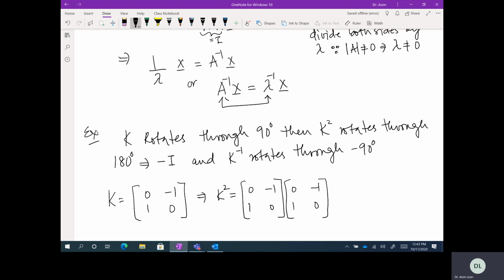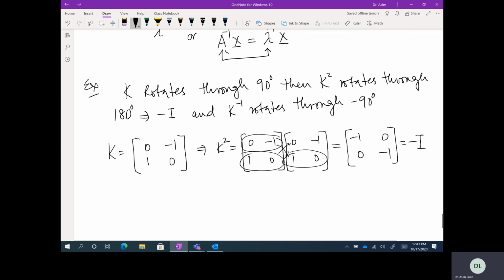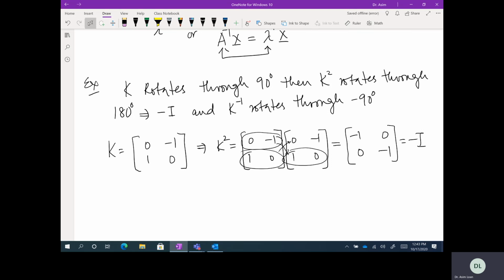But let's do this multiplication. This means I am inverting the second row here, which is minus 1 and 0. And this means I'm picking the first row here, which is 0 and minus 1, which is simply equal to minus I, which is rotation by 180 degrees.